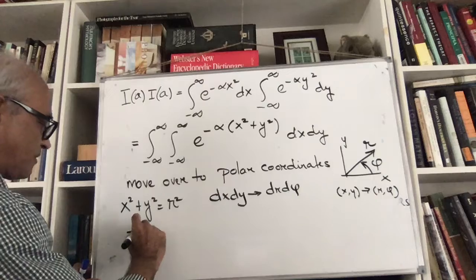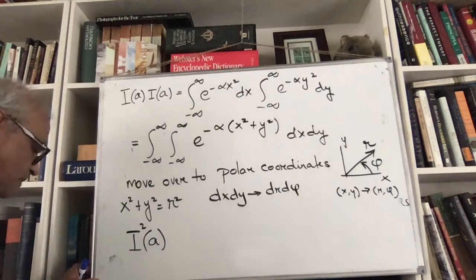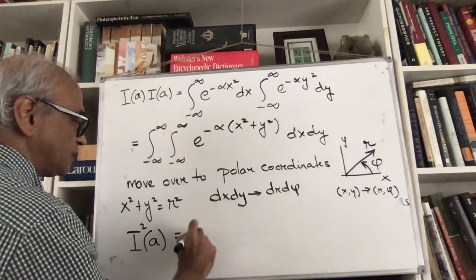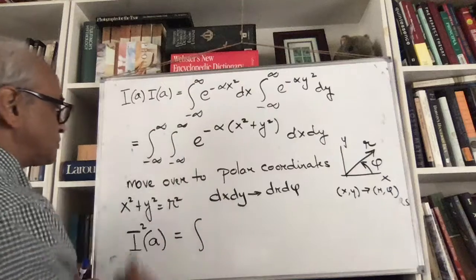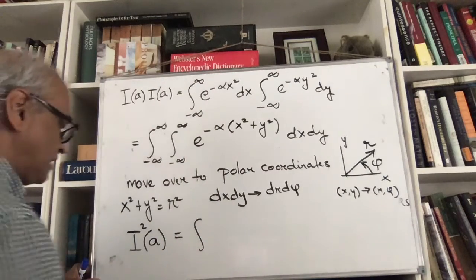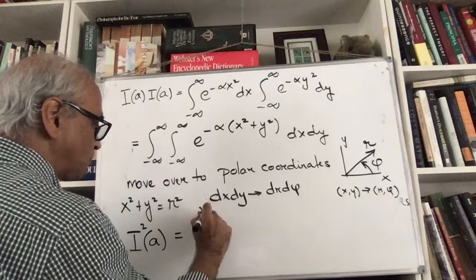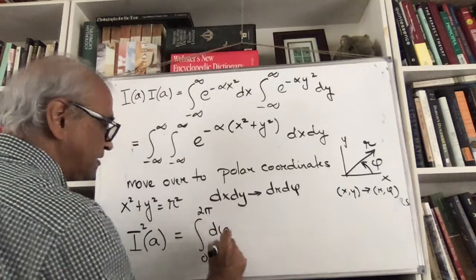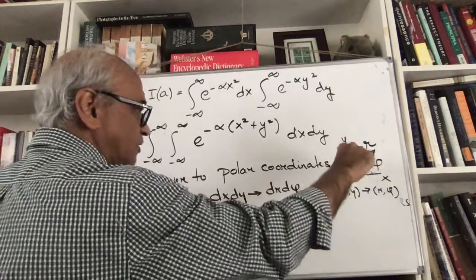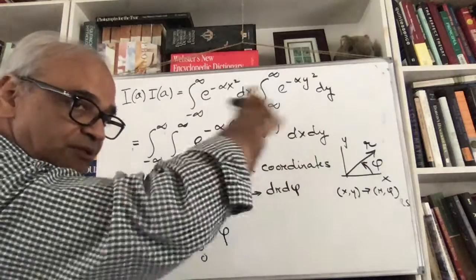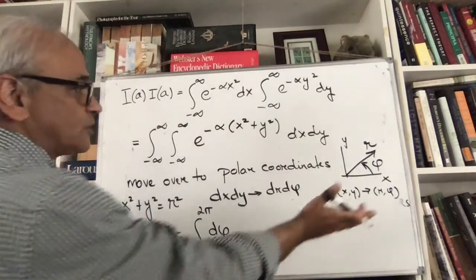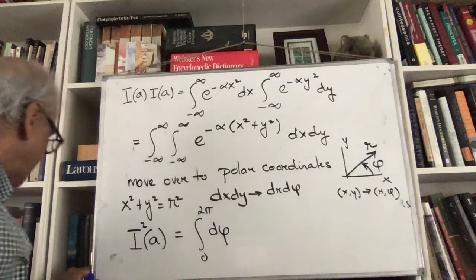This is I squared of alpha, because I times I. Now, going from minus infinity to infinity becomes 0 to 2 pi d phi, because we're looking at the plane which encompasses everything. So you go from 0 to 2 pi right there.